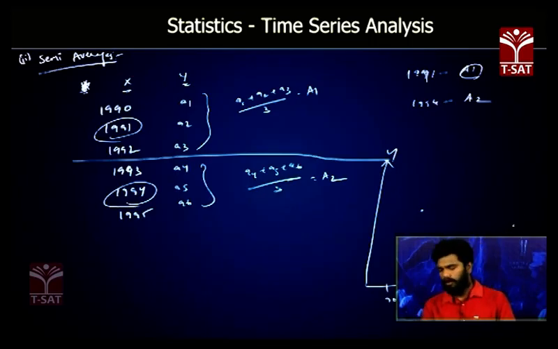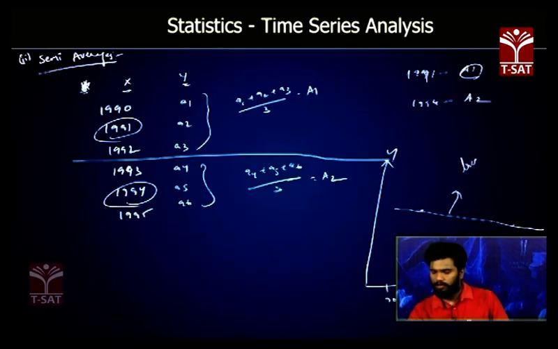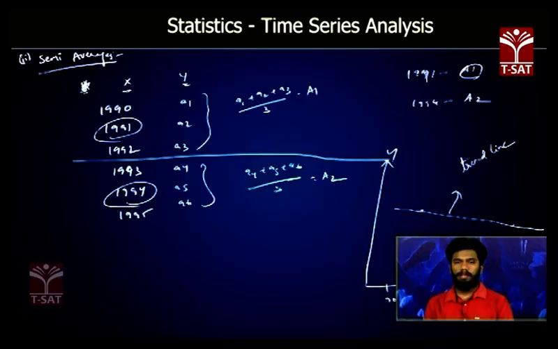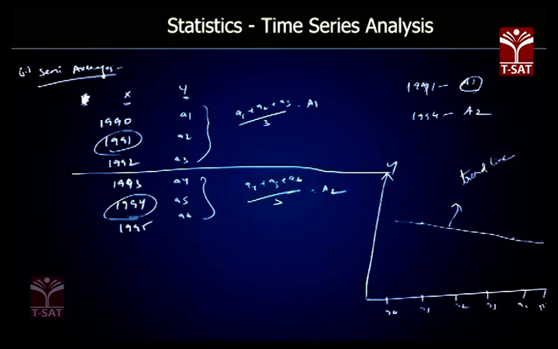So I will draw a line joining these 2 points. Now this line is called the trend line. So that's how we calculate the semi-averages method. Just remember the procedure, that's it.